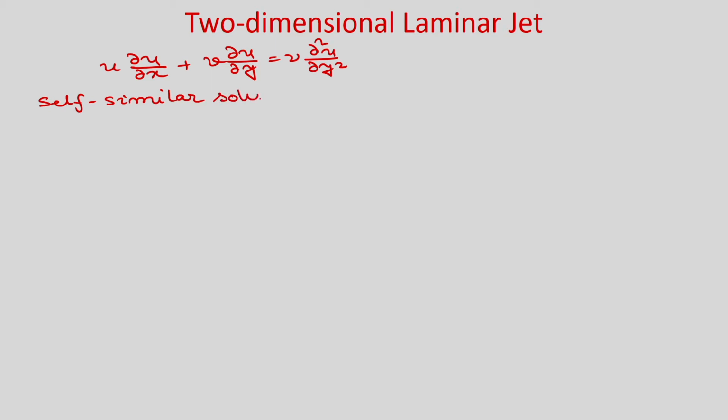So, we will use the governing equation as u del u by del x plus v del u by del y is equal to nu del 2 u by del y square. So, we will use the self similar solution. So, when can we use self similar solution?